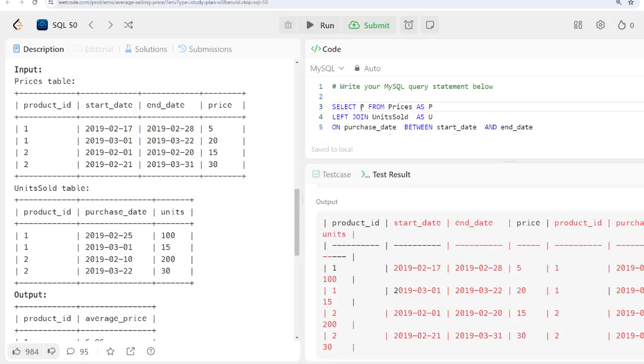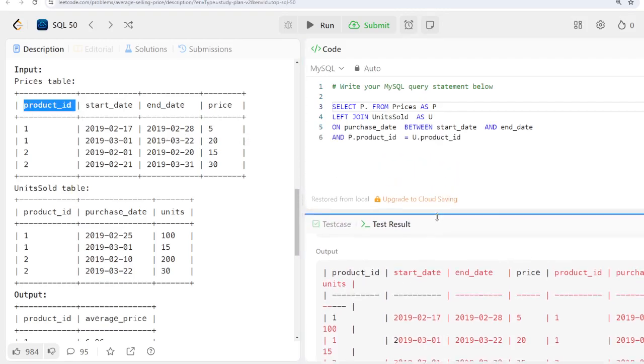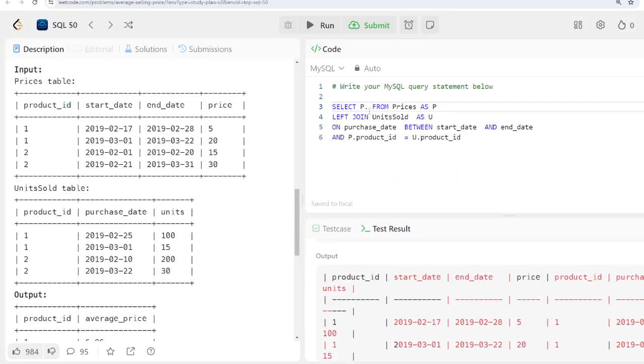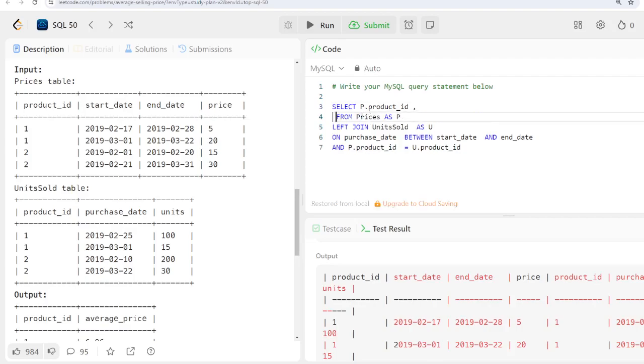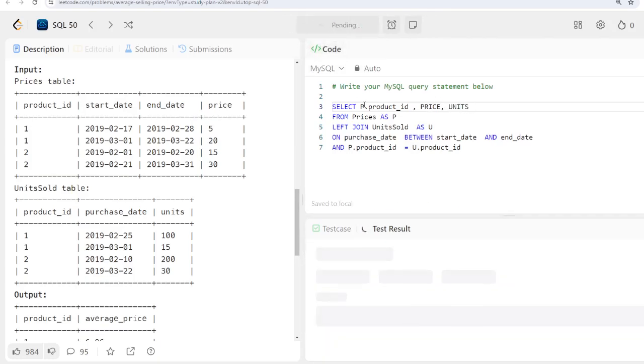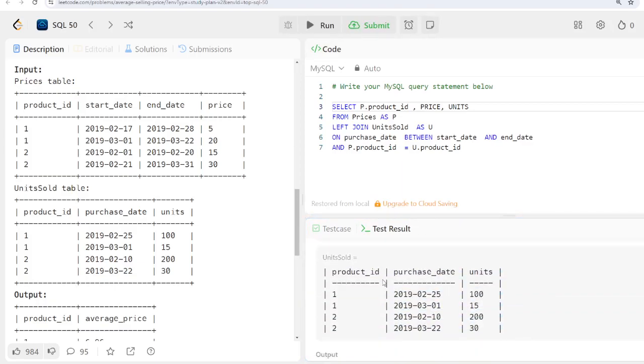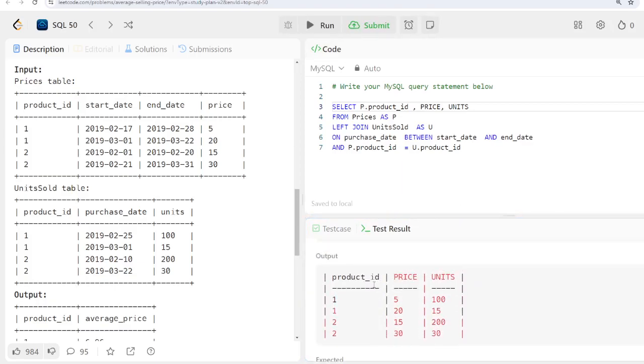I want the product ID, so P dot product ID, and then I want price, and I want units. All right, so this is the output that I am getting, right? So product ID, price, and units.